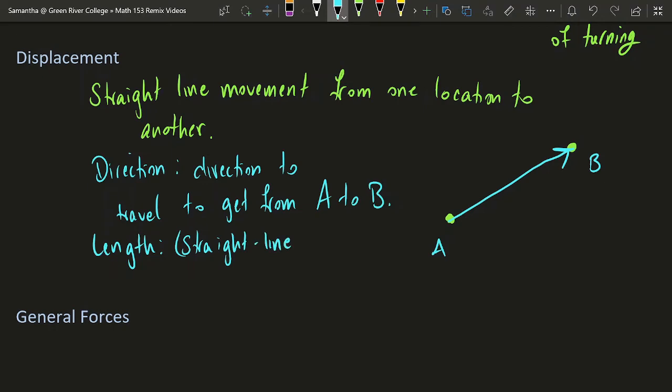No detours. If you headed straight from point A to point B, what would be the distance between those two locations? Displacement.